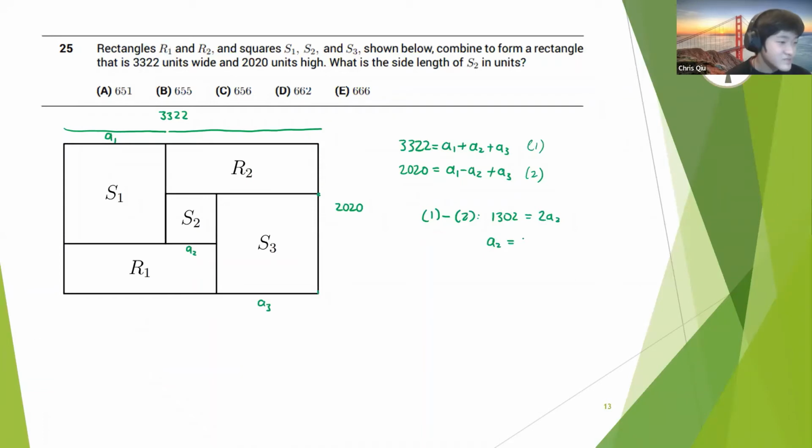And so a2 is equal to 651, which is our final answer. All right, so the answer is A, and we're done.